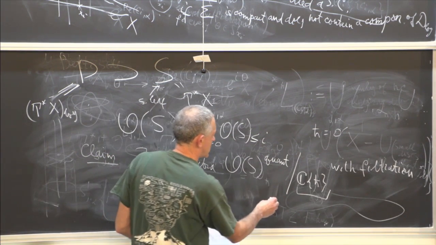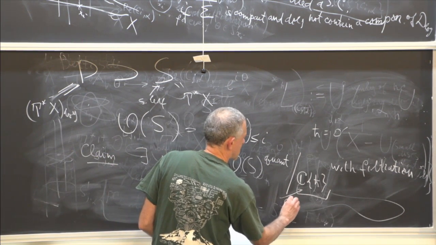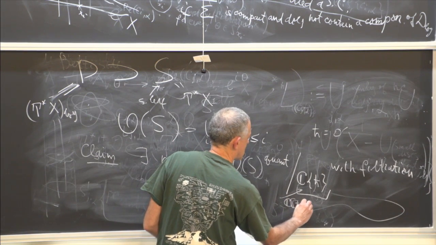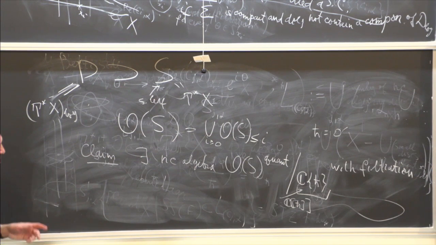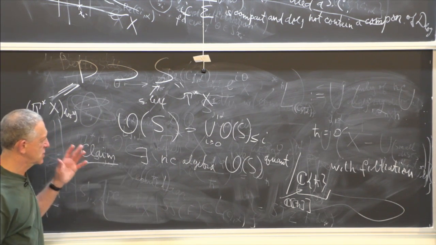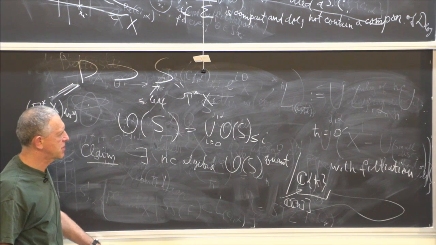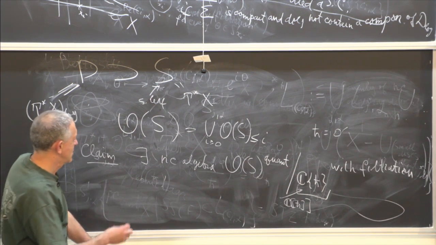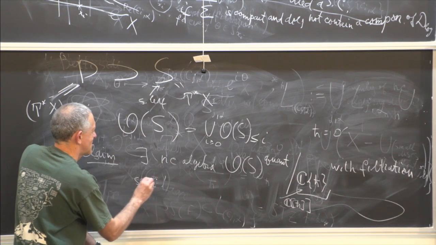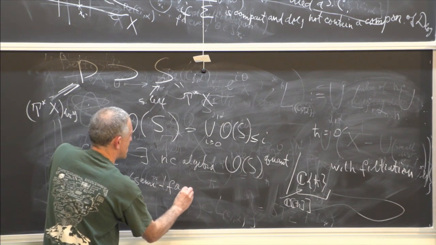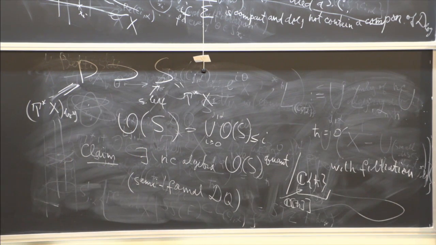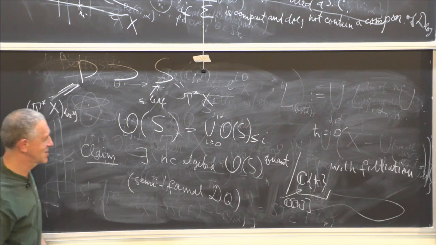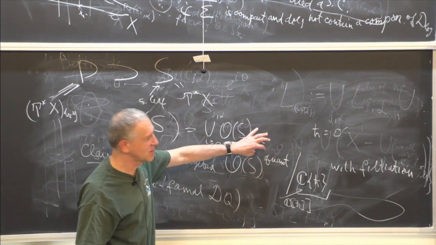In the case when this is a ring of formal series, this was proved in Maxim's paper around 2000. He called it semi-formal deformation quantization, because it's better than formal in the sense that we do have some control.